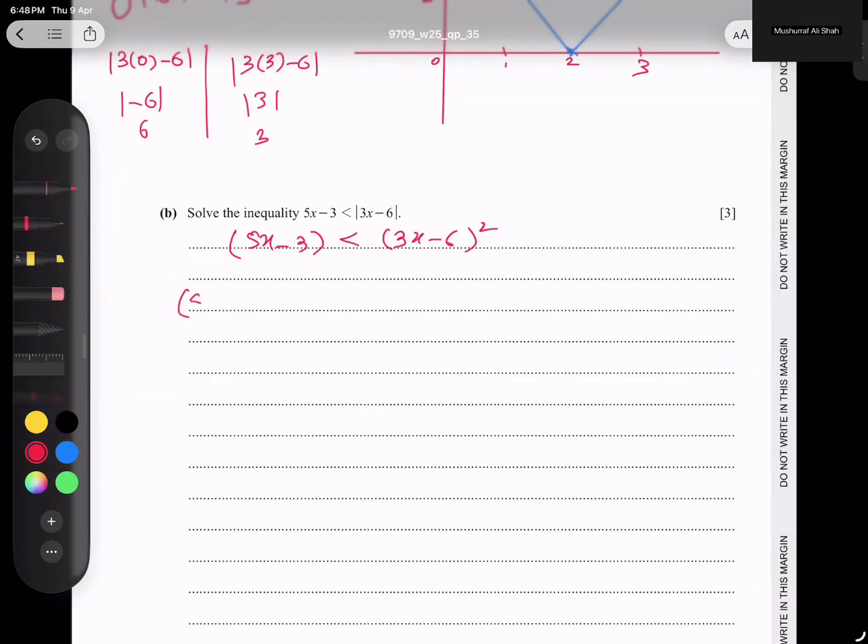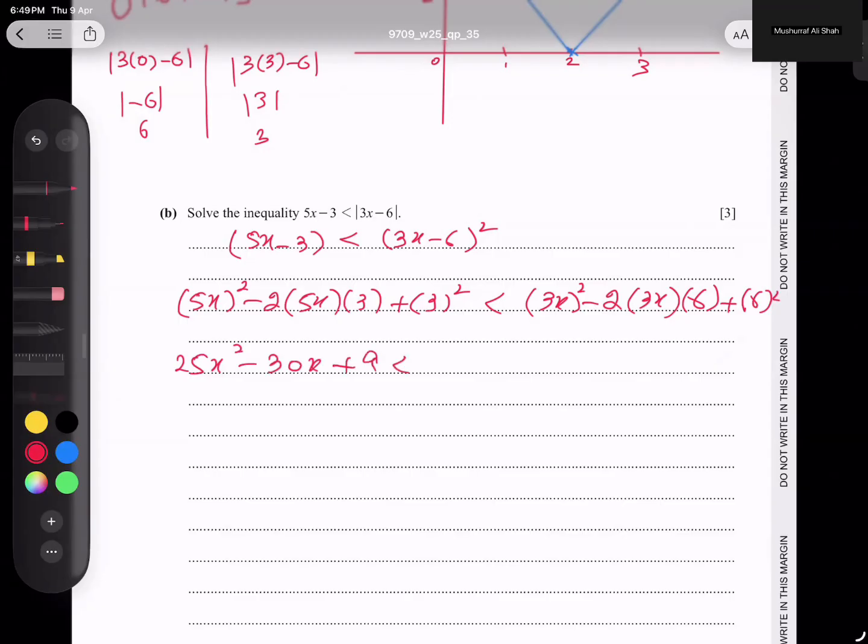First term squared, negative 2 into first term into second term, plus second term squared. I'm applying the squaring identity. This gives 25x squared, minus 30x, plus 9, and on the other side 9x squared, minus 36x, plus 36.